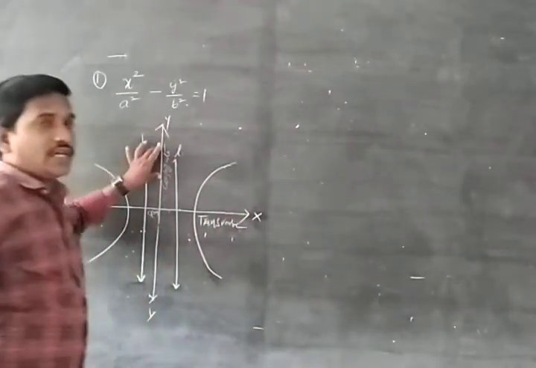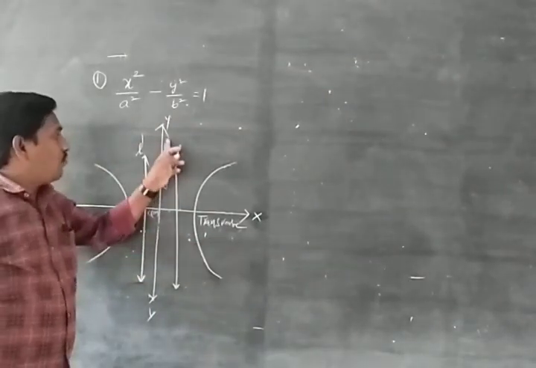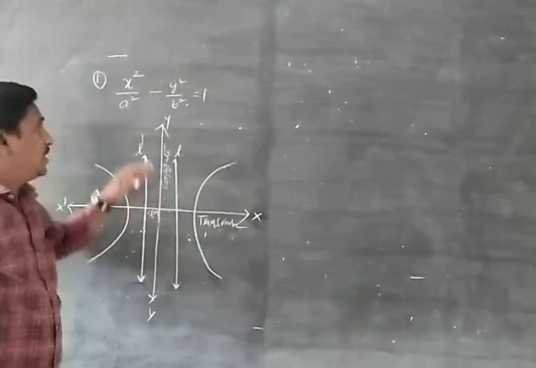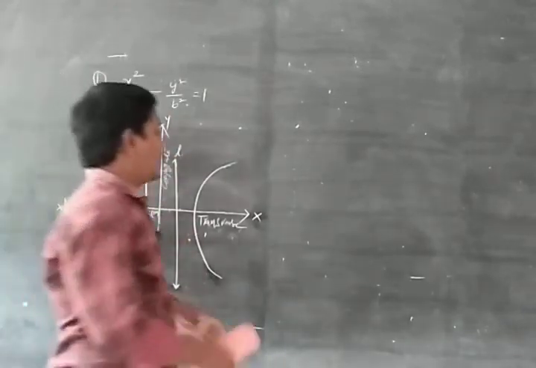The x axis is called the transverse axis and the y axis is called the conjugate axis.